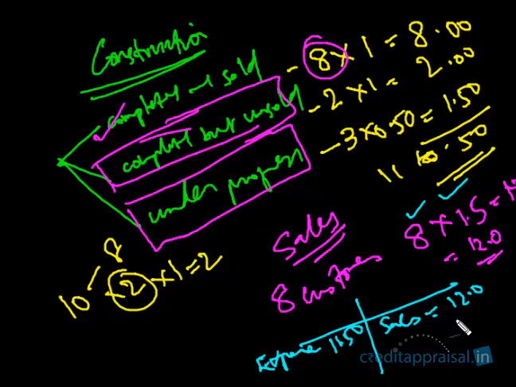On the income side, we are taking sale of 8 villas, right? So should we take the cost of only these 8 villas, that is 8 into 1, 8, or should we take 8 plus 2, 10? So what is it that we have to take?